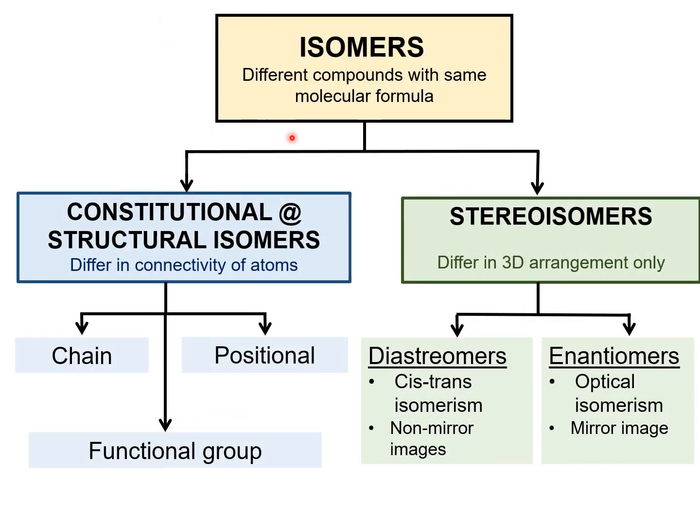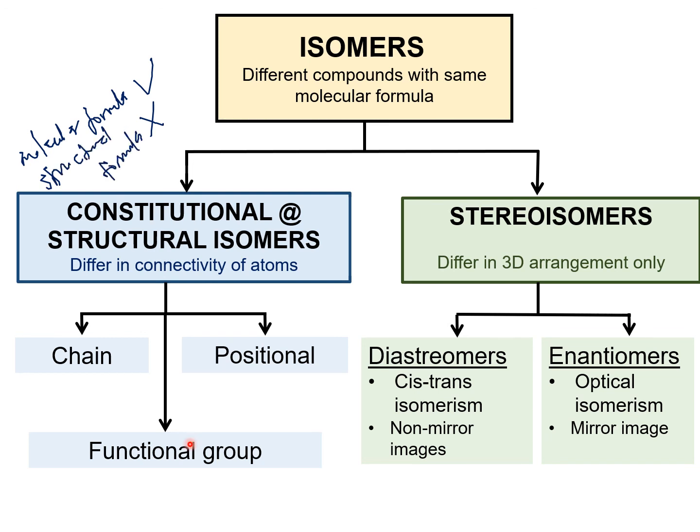Okay guys, so let's recall this together. To summarize everything, isomers ni terbahagi kepada dua, constitutional isomers ataupun structural isomers and stereoisomers. Okay, kalau constitutional atau structural isomers, dia punya molecular formula dia sama. Okay, molecular formula sama, cuma yang different adalah structural formula.